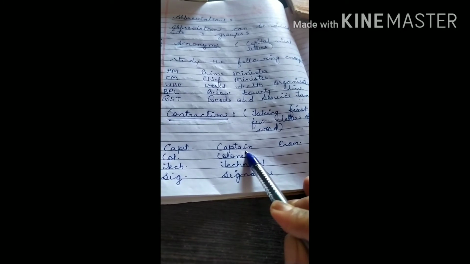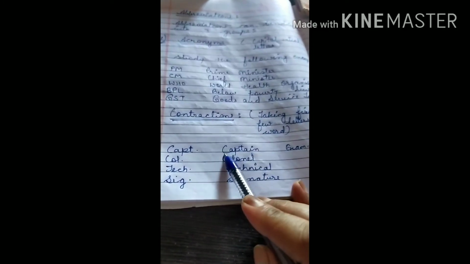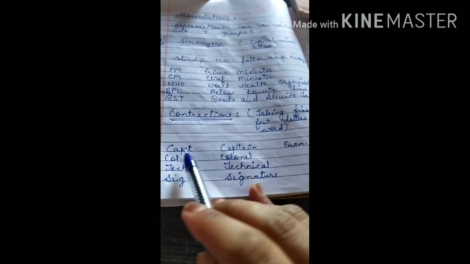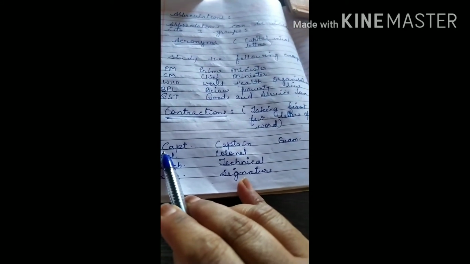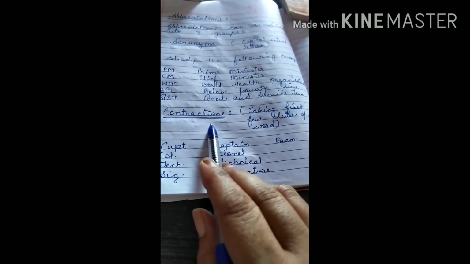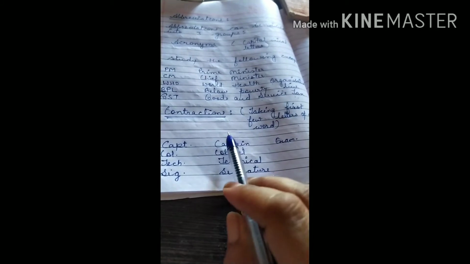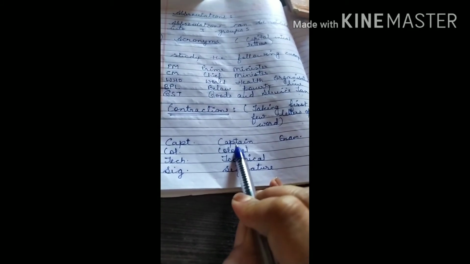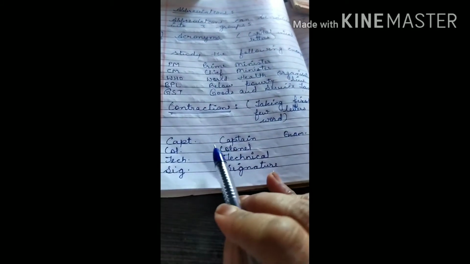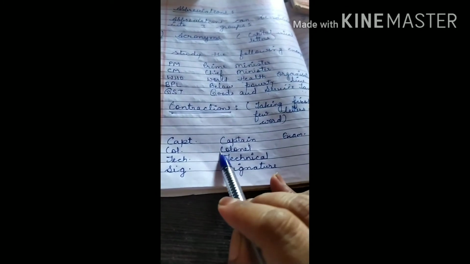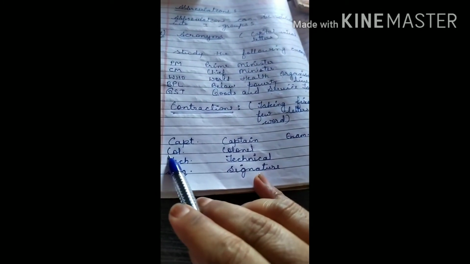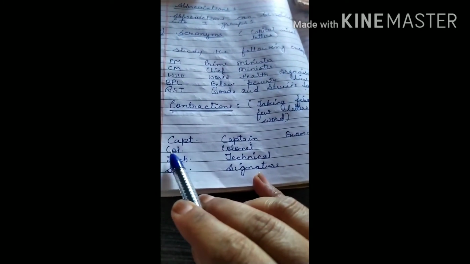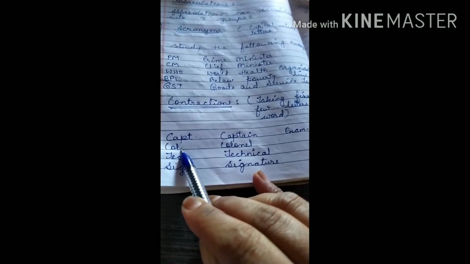How will you write while making notes? CAPT only. Because under contractions, you have to take only 3 or 4 characters. Clear? Next one is like colonel. COL.